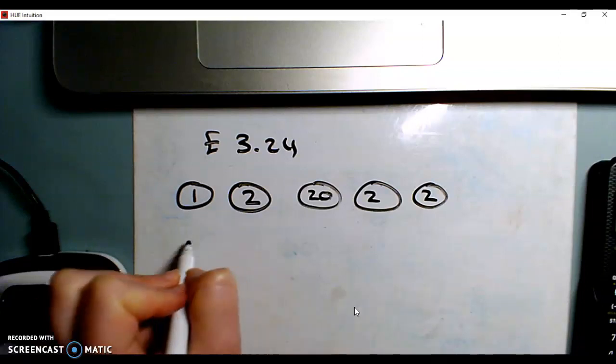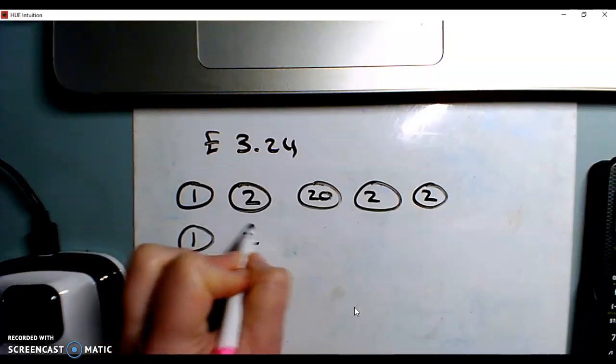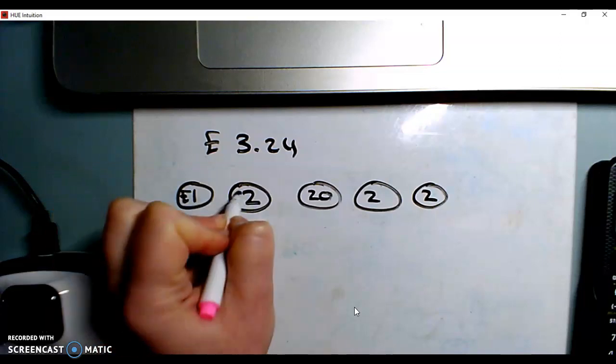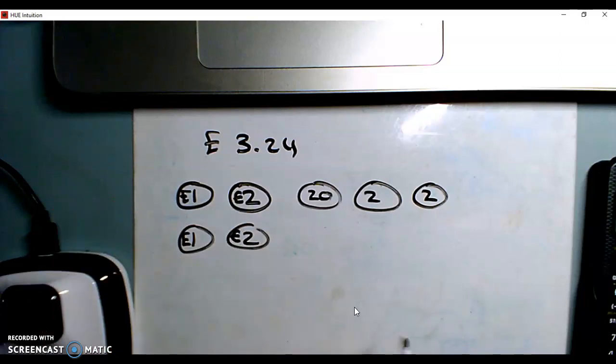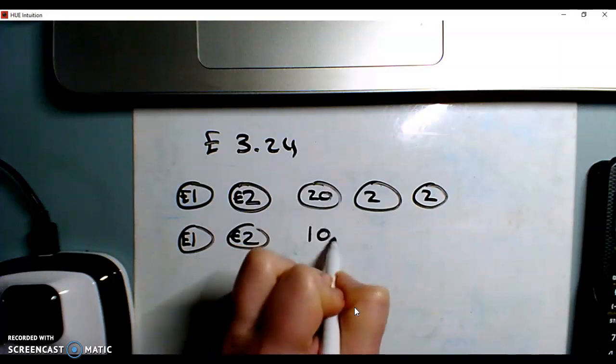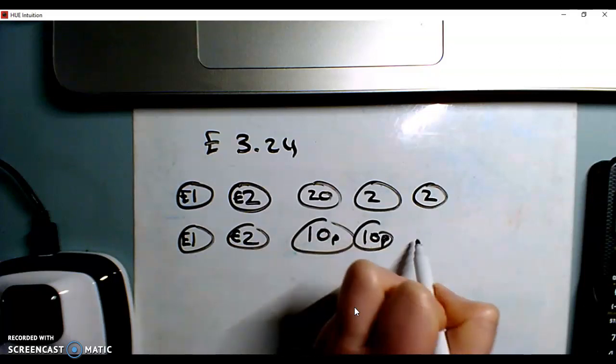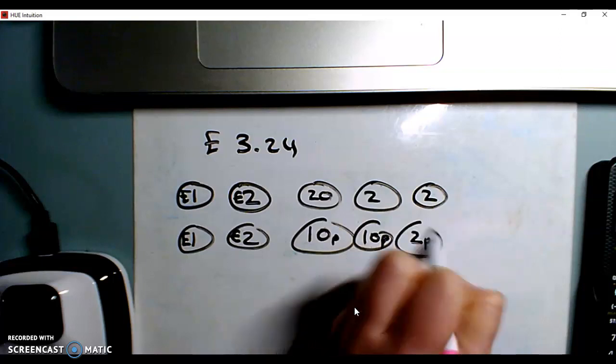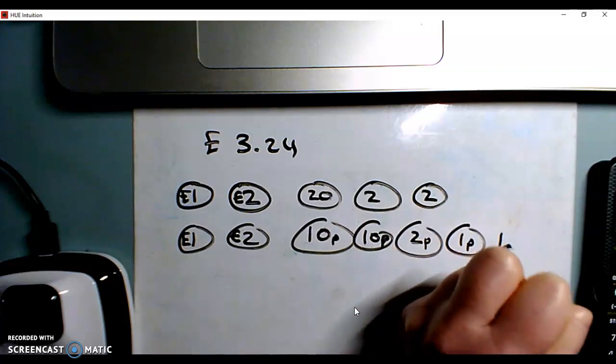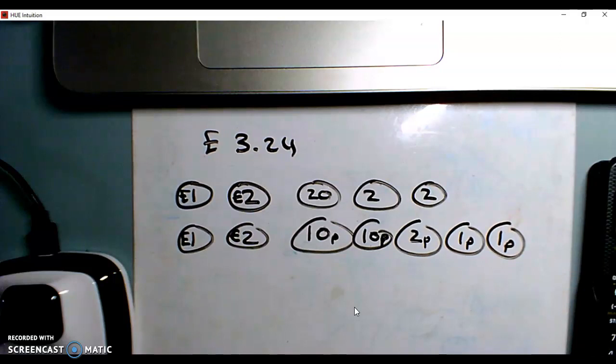We could have still used £1 and £2. I should put pound symbols there. So a £1 and a £2 coin. And then I could use 2 10p coins to make the 20p. And I could have used a 2p coin and 2 1p coins. Maybe that's all I had. So there's many options to do this question. And it's nice to think about how you could make this up and pay for this with the exact change.